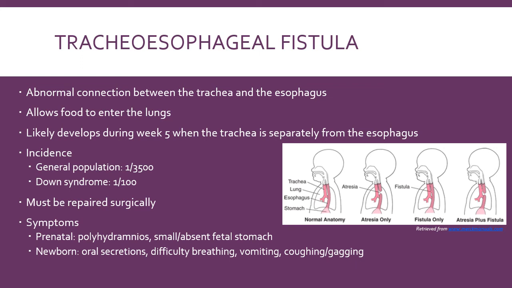Now, tracheoesophageal fistula often goes along with esophageal atresia, which would make sense. Again, it's all that same developmental timing, the same process is being affected. So esophageal atresia would be when the esophagus is not fully formed, and they're showing you some variations on that in this picture here.